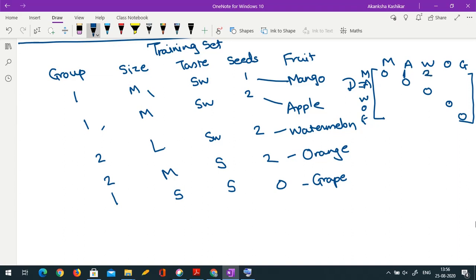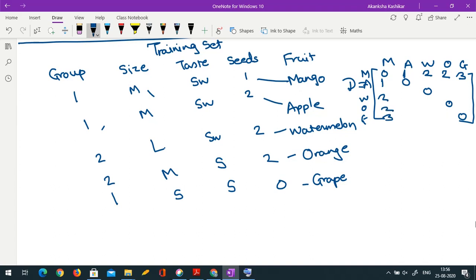Mango and orange: medium matches, so 0, 1 and 1. The distance is 2. And mango and grape: 1, 1, 1, so the distance is 3. So let me compute this row: 1, 2, 2, 3.